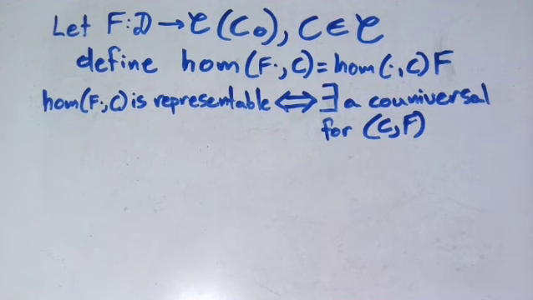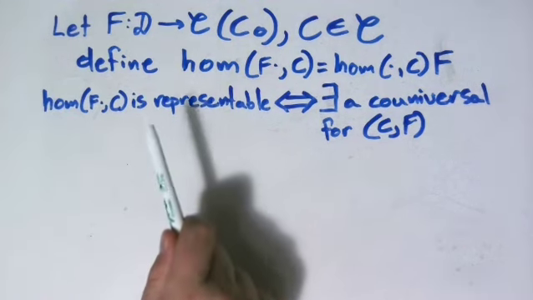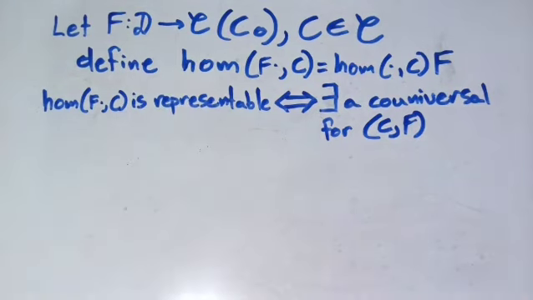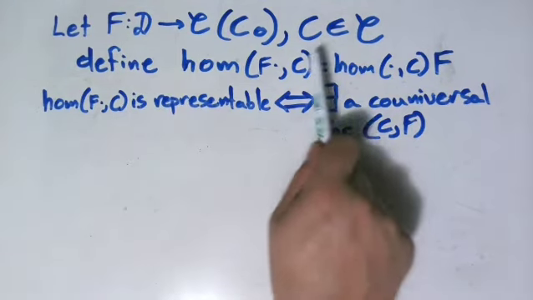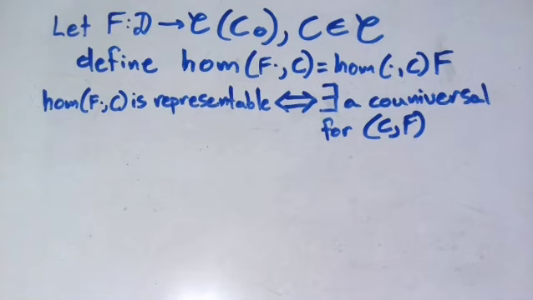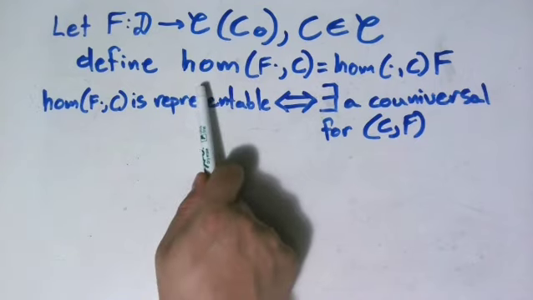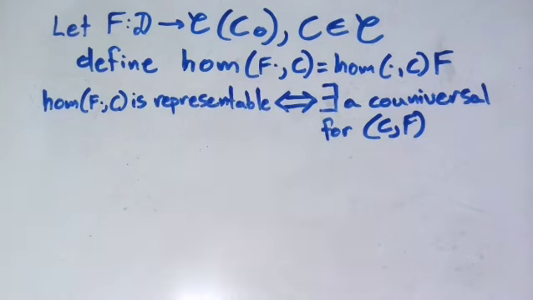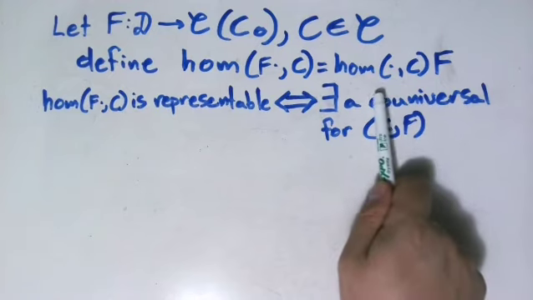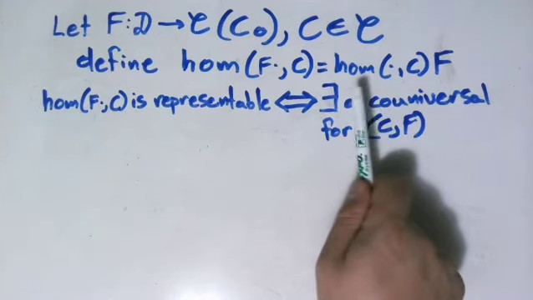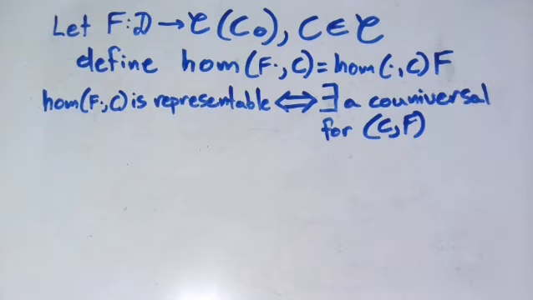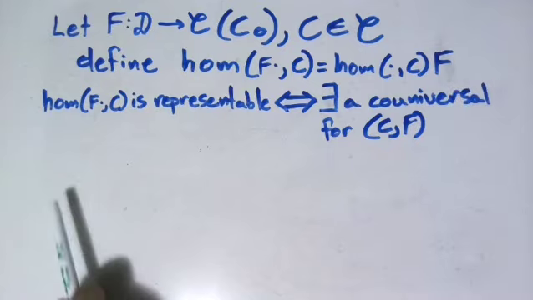Suppose we have some covariant functor F going from a category D to a category C, and that C is some object in C. We're going to define the expression home F blank C to be simply the composition of the contravariant home functor home blank C and our functor F. When that's the case, then we can say the following.